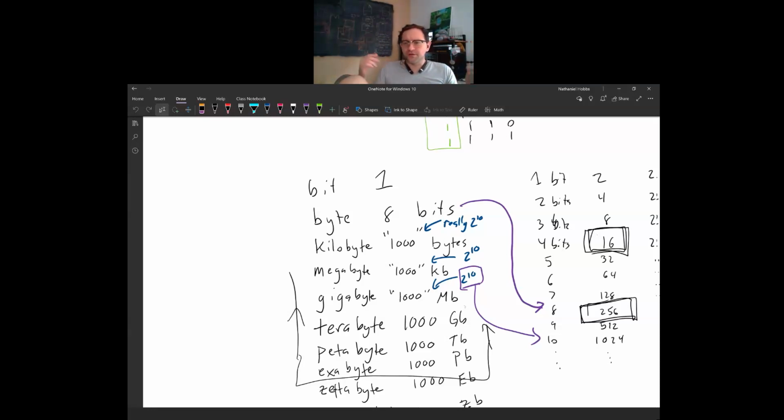It's like learning millimeter, centimeter, decimeter, meter, decameter, kilometer, right? All of these are just different scales of some type of distance. Here, this is about the amount of storage, the amount of information that's being taken up.